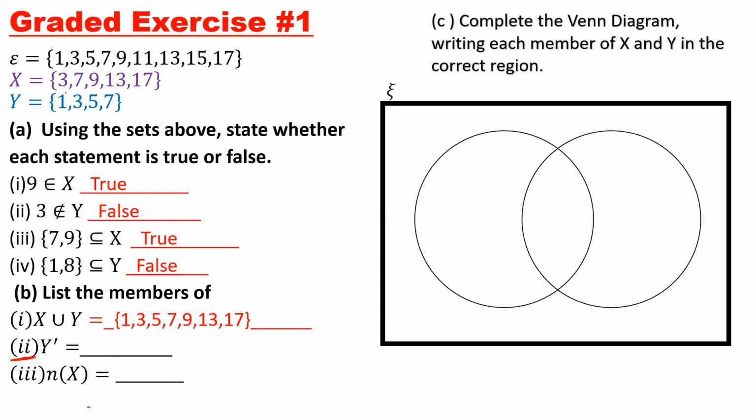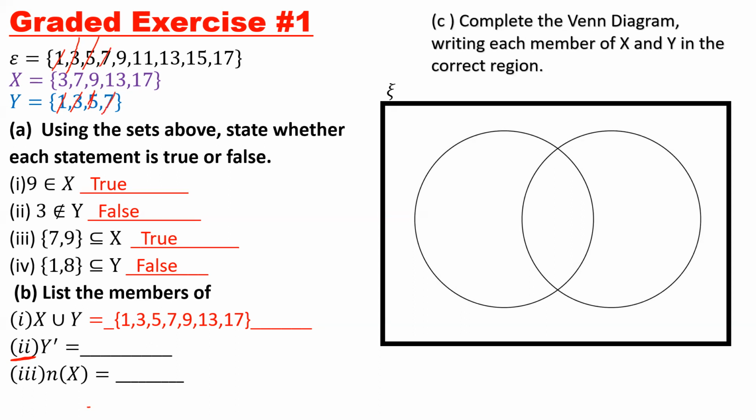So that means we don't want 1, we don't want 3, we don't want 5, and we don't want what else? 7.